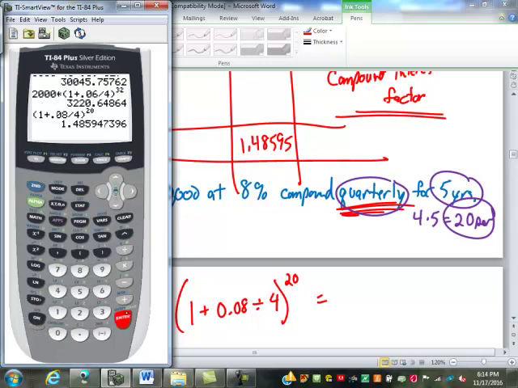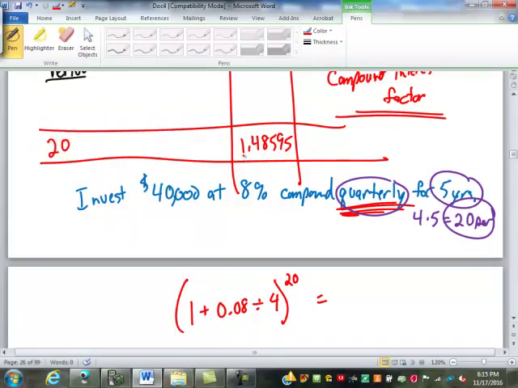That gives 1.4859, notice theirs is rounded off. Most of the time, using this factor out of the table and using our formula will be within pennies of each other. But the larger the numbers get, the longer the period of time, the more likely they are to be off.